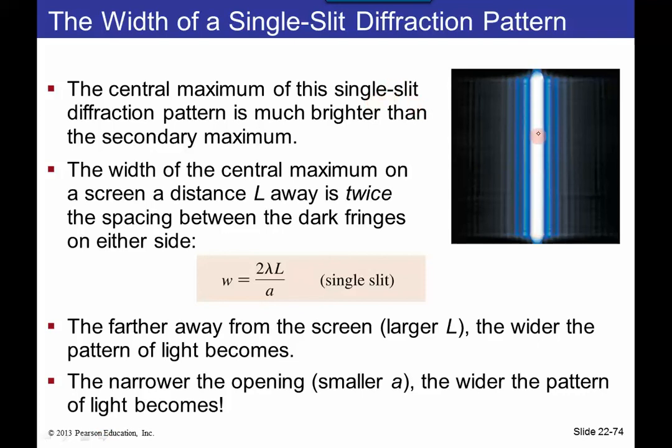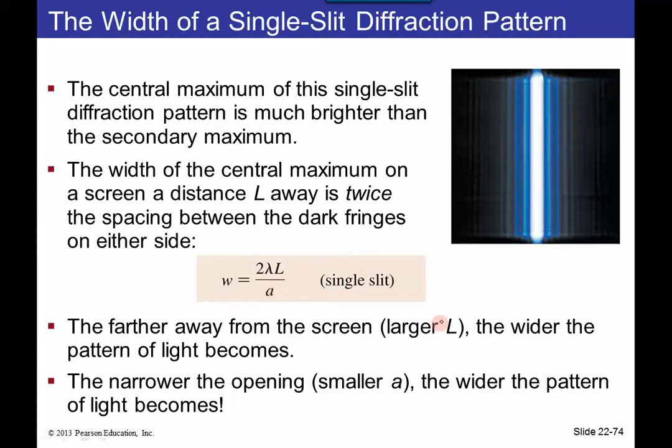You can see here, this is much brighter than the other ones. In this picture, we have the diffraction pattern for a single slit, and the width of this central maximum is given by this equation here. This width depends on the distance to the screen, the wavelength, and the width of the aperture.